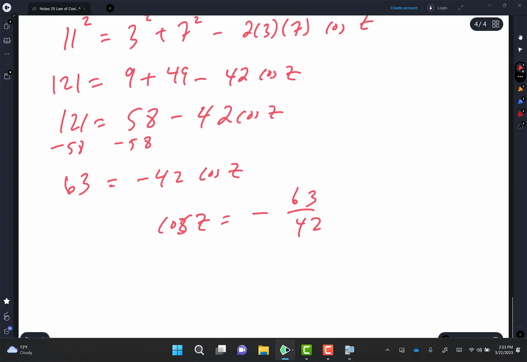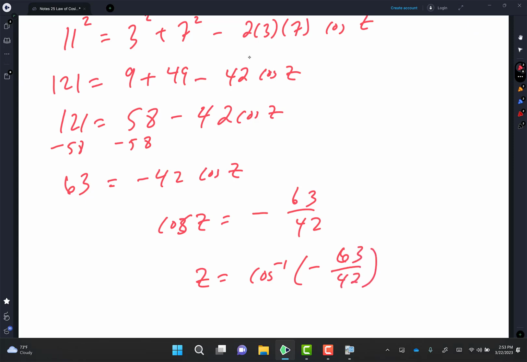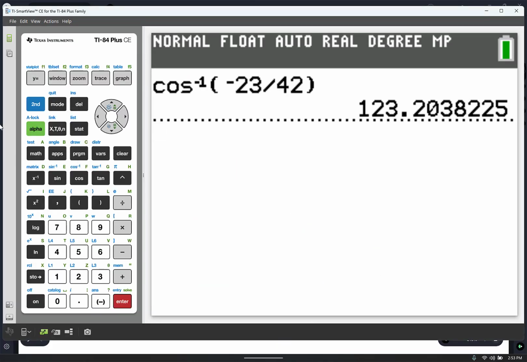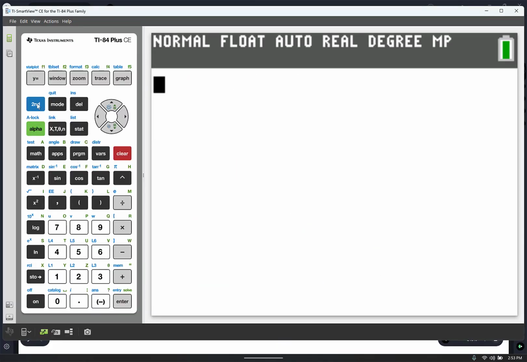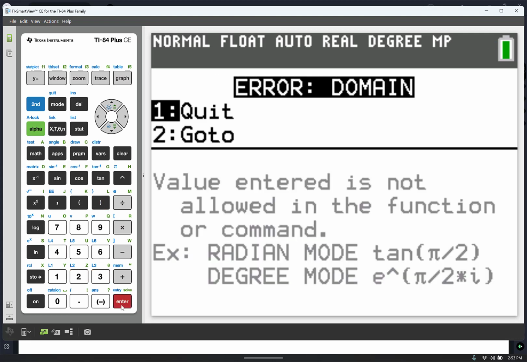Check it out, guys. If I try to type this into the calculator, it's going to tell me error. It's going to say, what are you trying to do? Second, arc cosine, negative 63 over 42. Look, check it out. If I try to type this in, it's going to say, whoa, hold on, what are you trying to do?